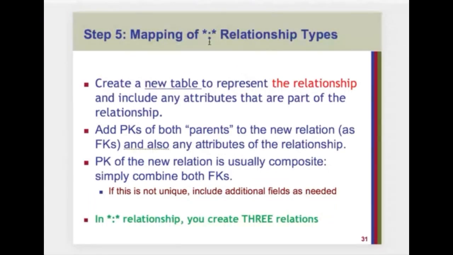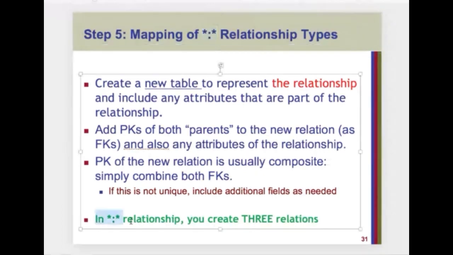Now, I think this is the last case, that is star-to-star relationship. When there is star-to-star relationship, what do we do there? In star-to-star relationship, we create 3 relations. So 2 relations for the 2 entities, and the third relation representing their relationship.